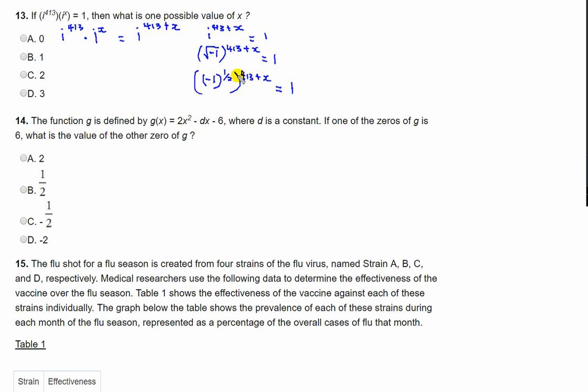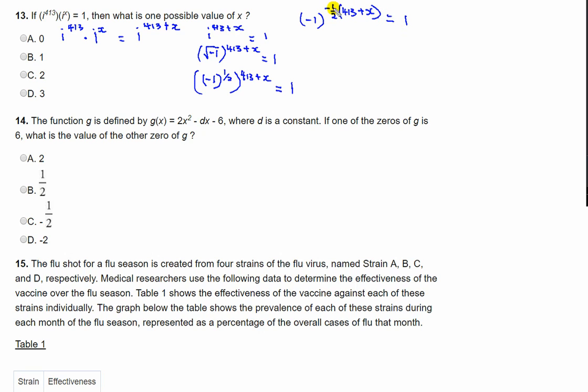Now as this half times this whole thing here, it is negative 1 to the power of minus half times 413 plus x equal to 1.